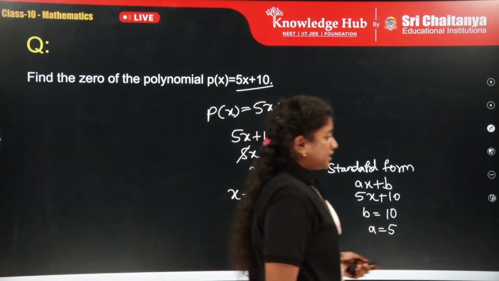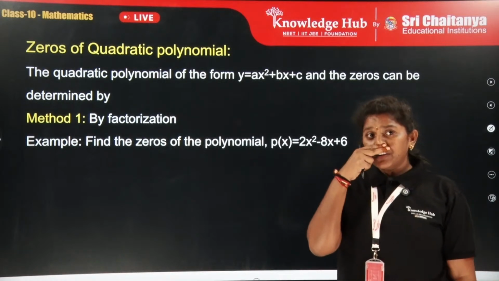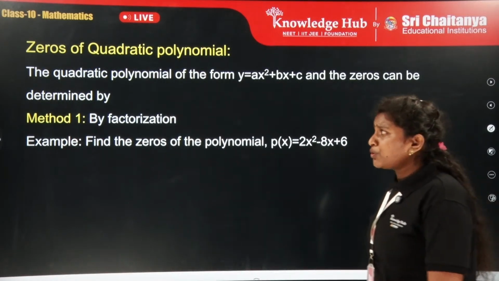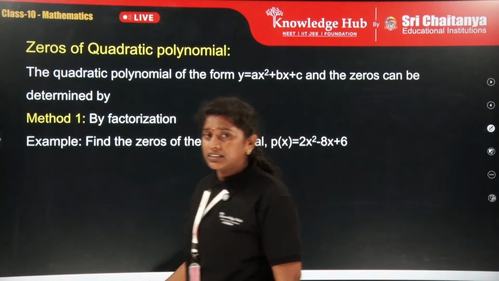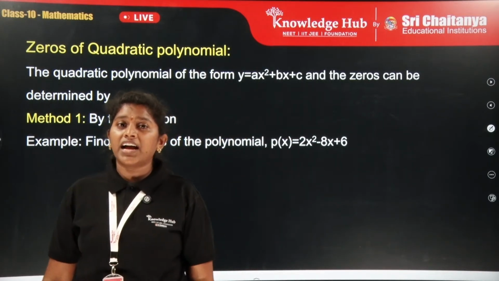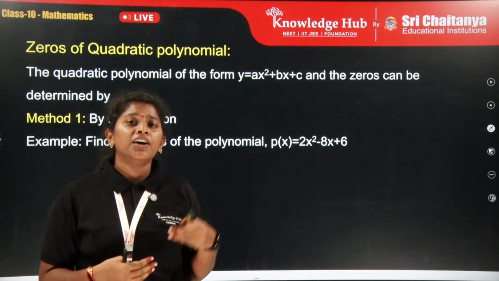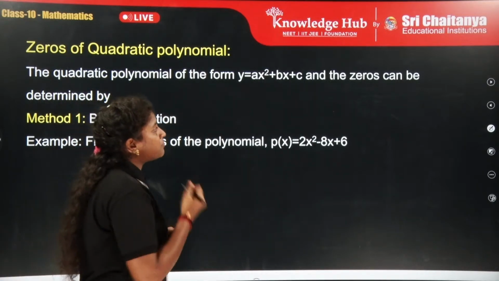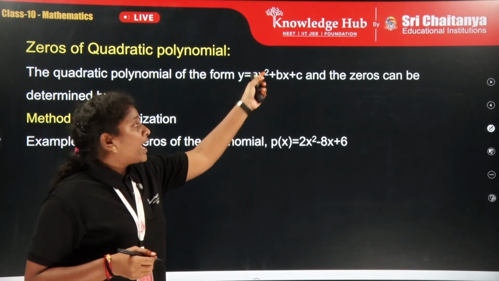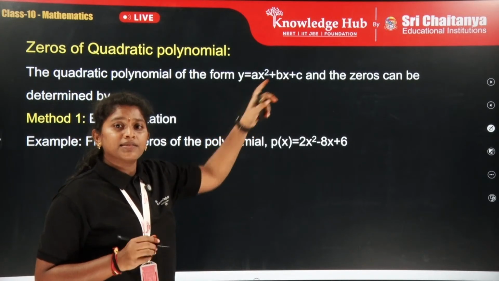Okay. So now let's see the method to solve a quadratic polynomial. The name itself says that the quadratic polynomial has the highest power, that is the degree, as 2. The general form of the quadratic polynomial is ax square plus bx plus c.